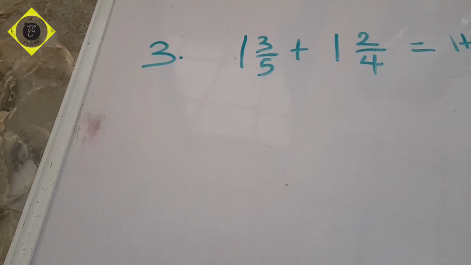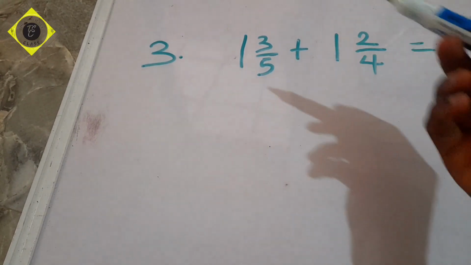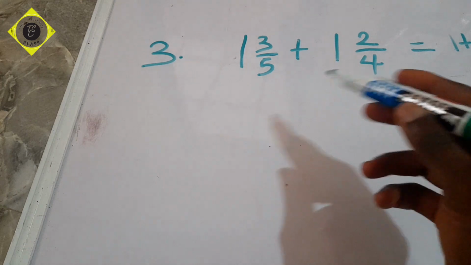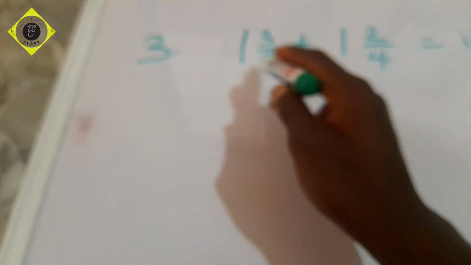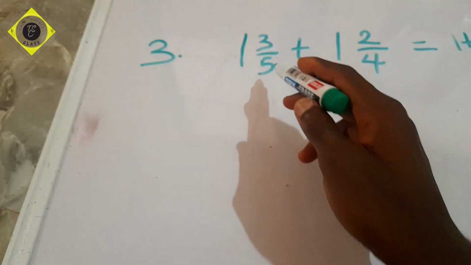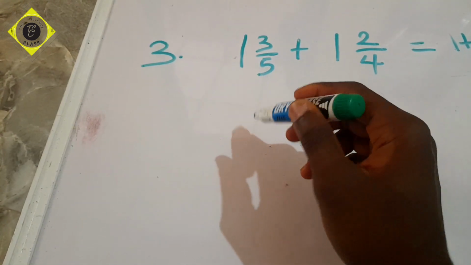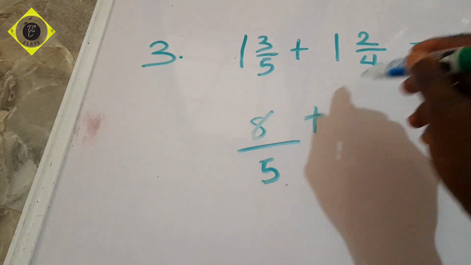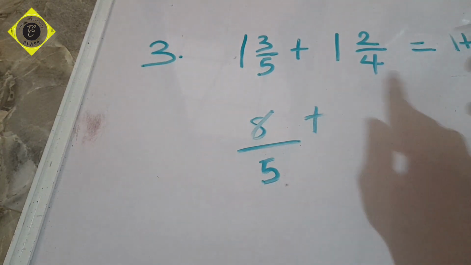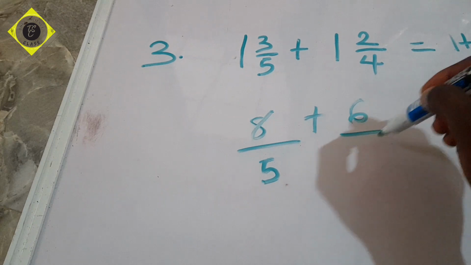The second method by which you can solve it is by converting it to an improper fraction directly and then solving. So if you want to convert it directly to an improper fraction, 5 times 1 is 5, plus 3 gives 8 over 5, plus 4 times 1 is 4, plus 2, that's 6 over 4.